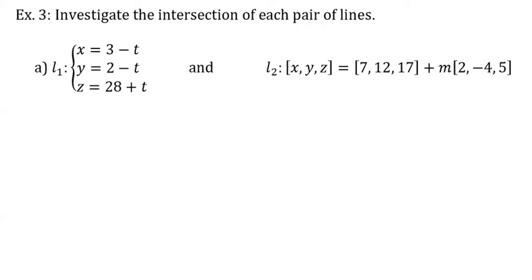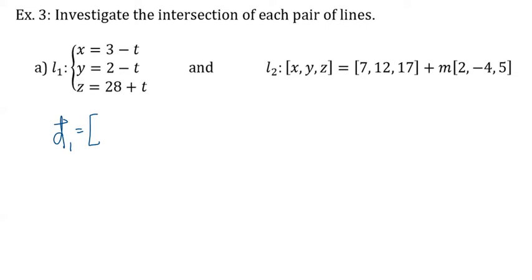It's the coefficients of t. So -1, -1, 1, and direction vector 2 is just given: 2, -4, 5. Therefore, what? Not parallel.